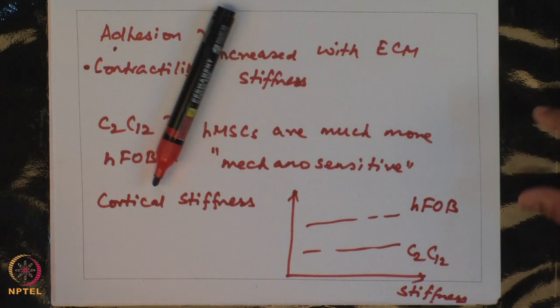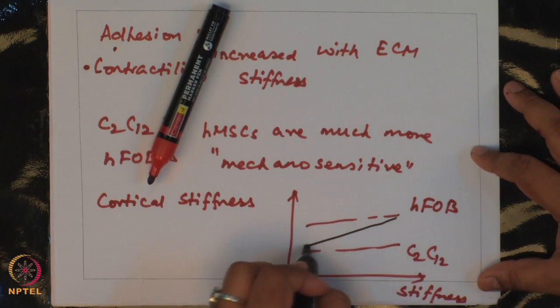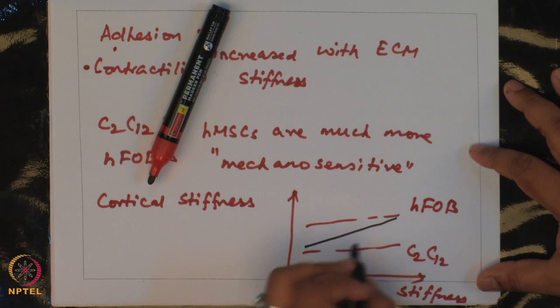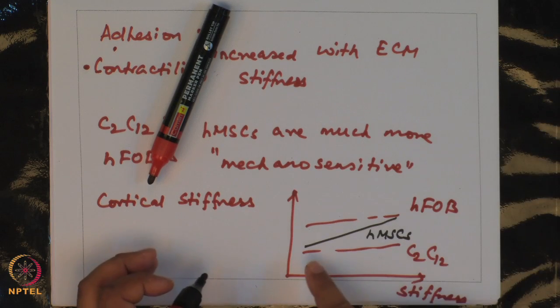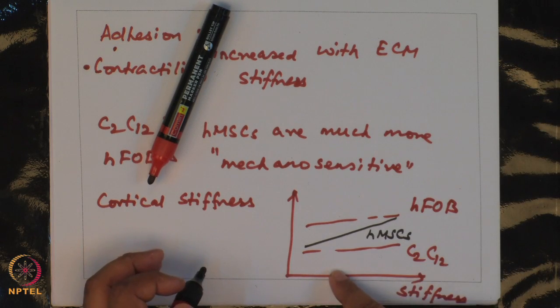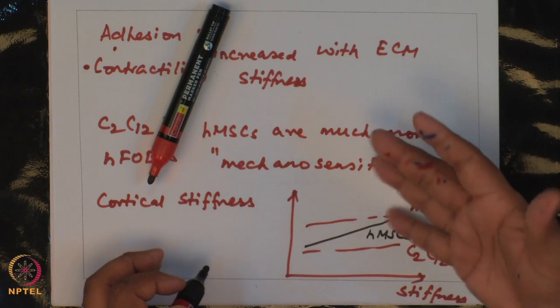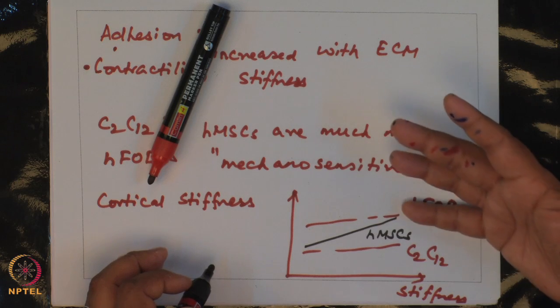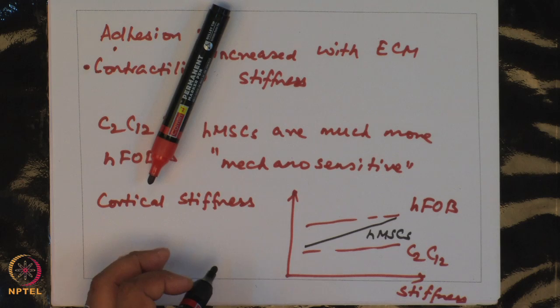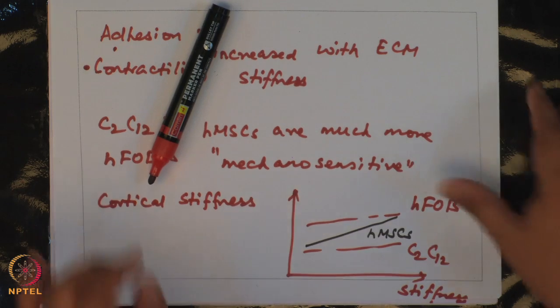However, your stem cells exhibit an intermediate phenomenon. HMSCs possess properties of muscle cells on softer surfaces and properties comparable to HFOB on stiffer surfaces. So, this suggests that the stem cells are more mechanosensitive. What is the implication?